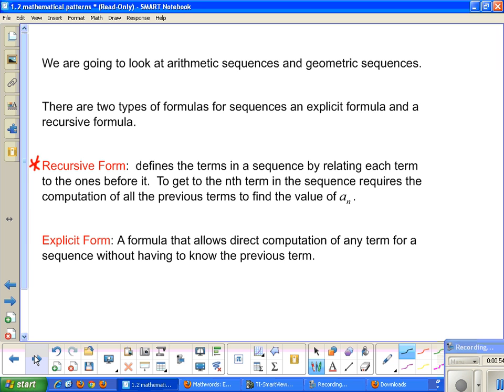To get to the nth term in a sequence requires the computation of all the previous terms to find the value of a sub n, and we'll talk about that notation in just a minute. And the explicit form is a formula that allows direct computation of any term for a sequence without having to know the previous terms. So these are the two forms that we're going to have to know to write each of our sequences out.